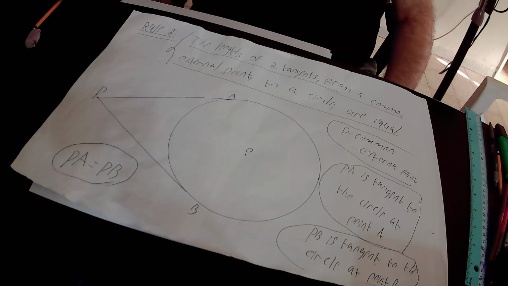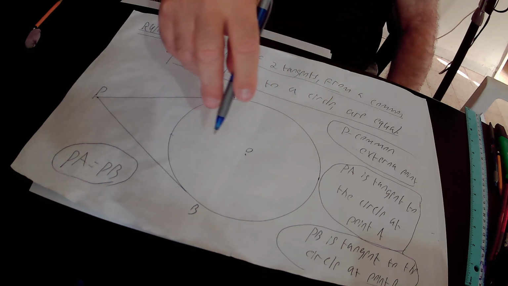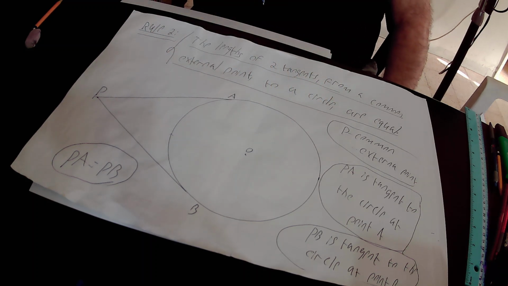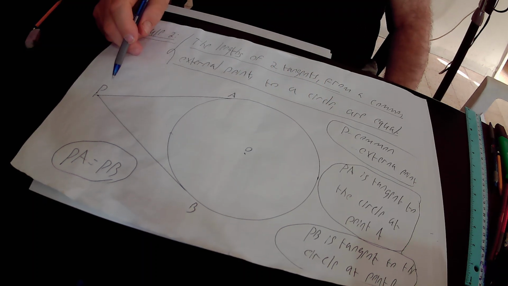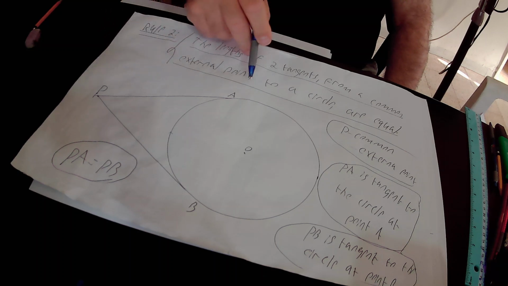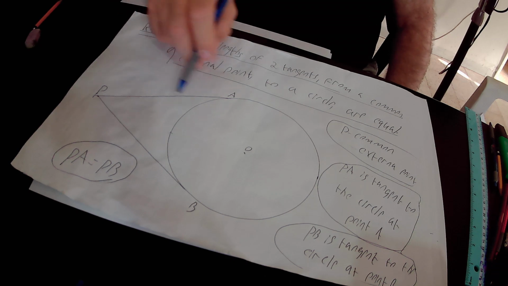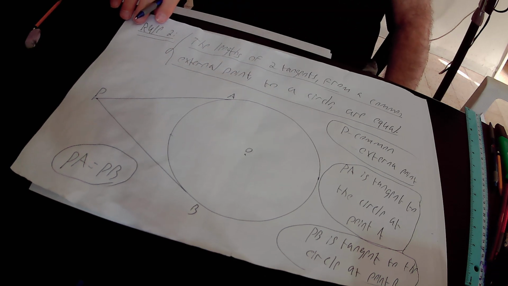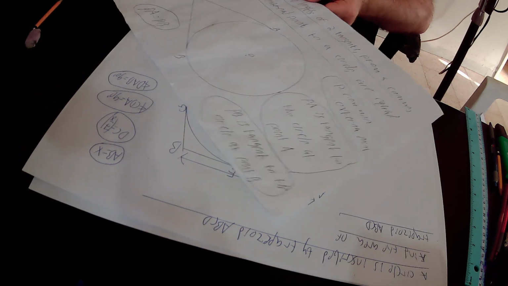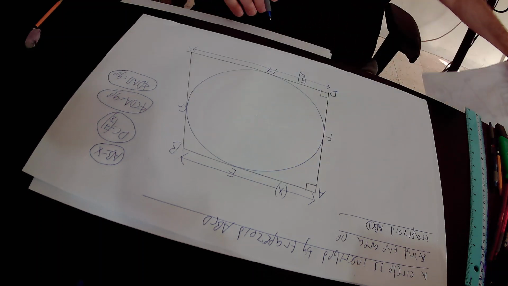So in the drawing we have a circle, and this is the common external point, point P. From this common external point, point P, we have two tangents to this circle, tangent PA and tangent PB. And according to this rule, the two are equal to each other, that is to say PA equals PB. So we can implement rule 2 in our drawing.